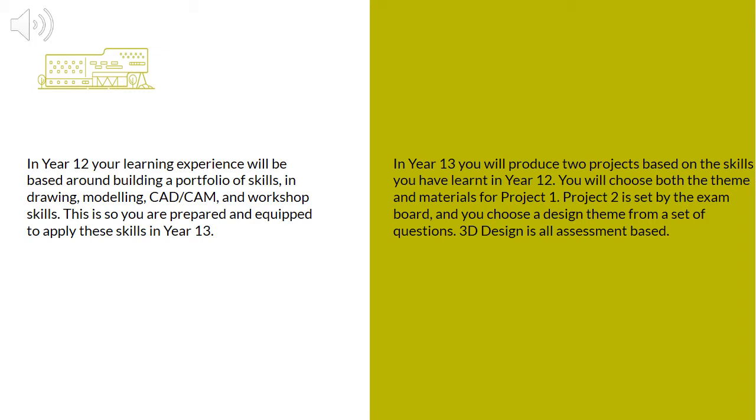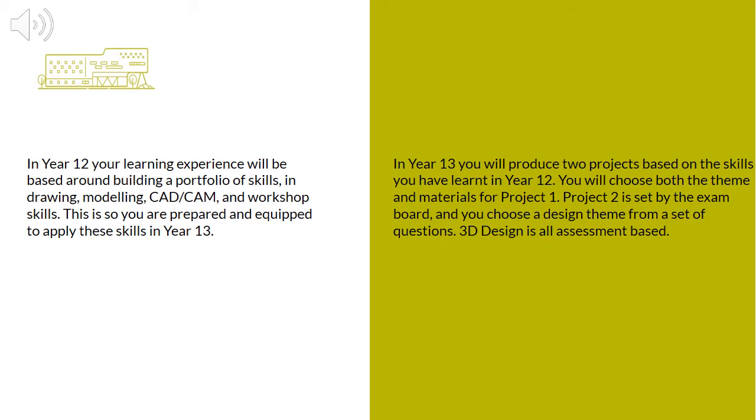In Year 13 you produce 2 projects based on all the skills that you have learnt, and depending on what kind of area you would like to go into. This is your choice, you choose a theme and you choose the project. We start project 1 just after Easter in Year 12, and this continues to just after Christmas of your Year 13 year. Project 2 is set by the exam board, but you choose one of a number of questions.